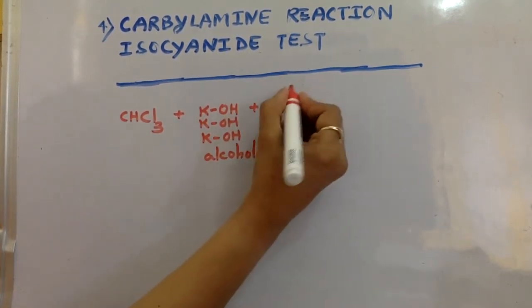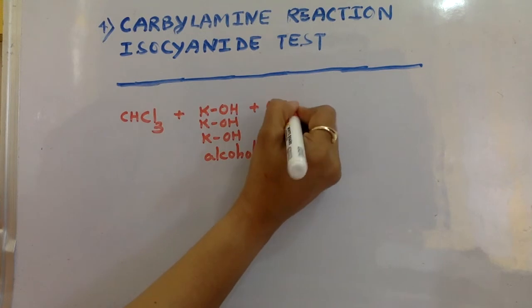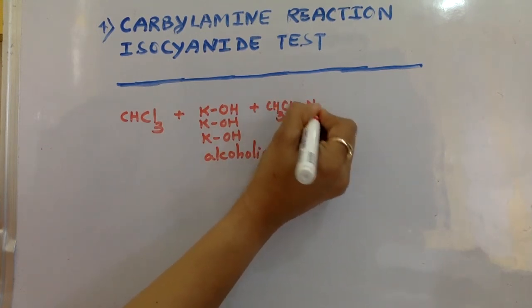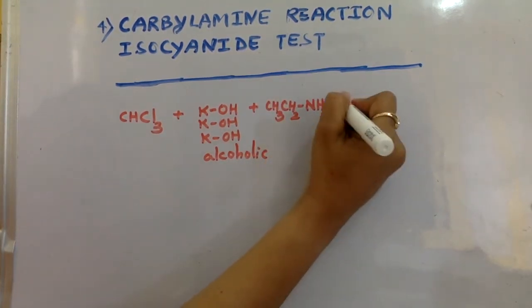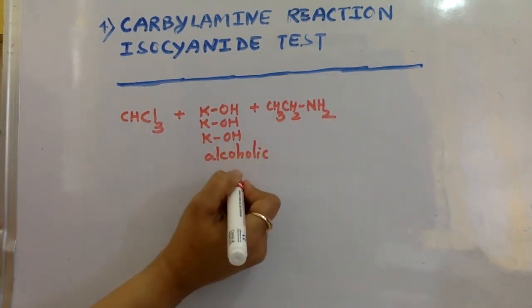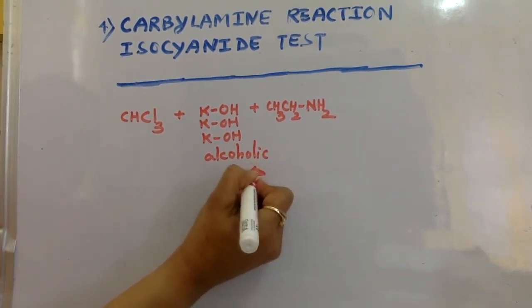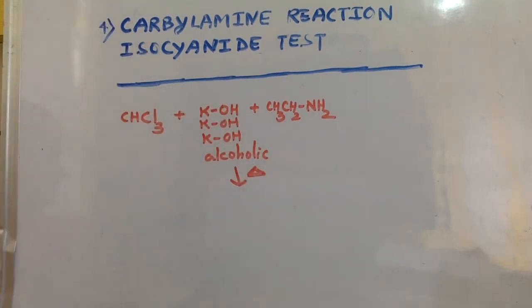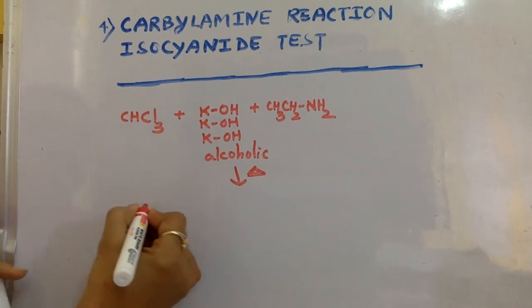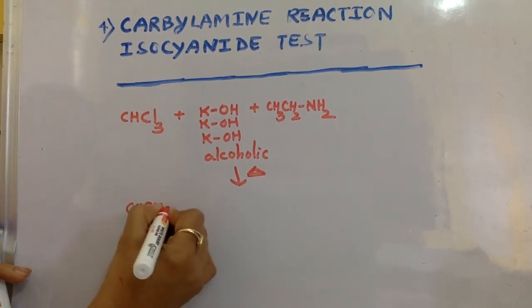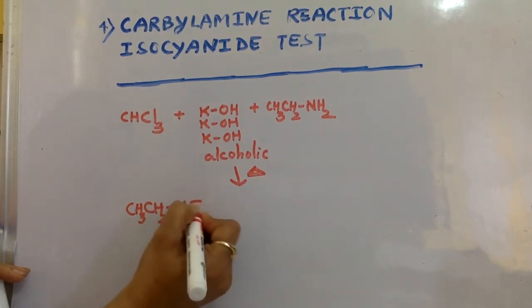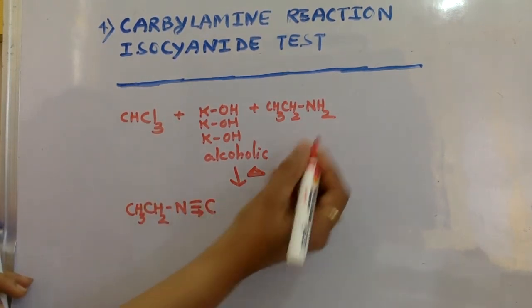And we need a primary amine, say I am taking CH3CH2NH2, that is ethylamine, and we need to heat the contents. Now what happens in this reaction is we get an isocyanide, that is I get CH3CH2NC. You remember the structure of isocyanide.